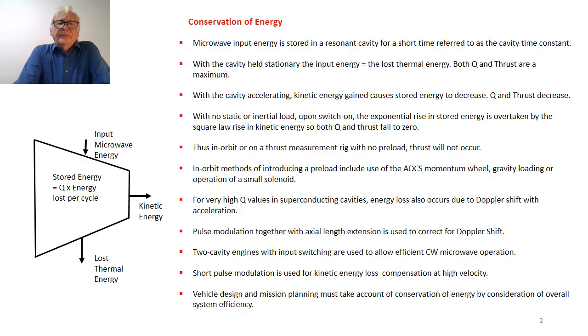Once we look at a thruster operating at high velocity, we need to bring the pulse length down to what we term as short pulse modulation, and this is a way of minimizing the Doppler shift loss at high velocity and high values of Q. What this all means is that if you are designing a thruster for a particular vehicle design and a particular mission, you must take account of the acceleration levels and the Qs of the cavity and so on.